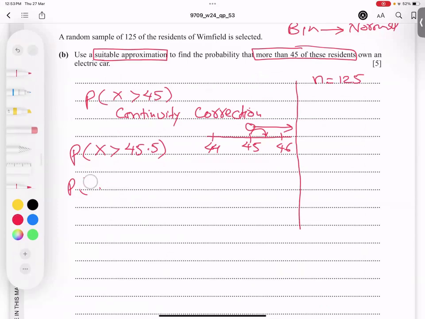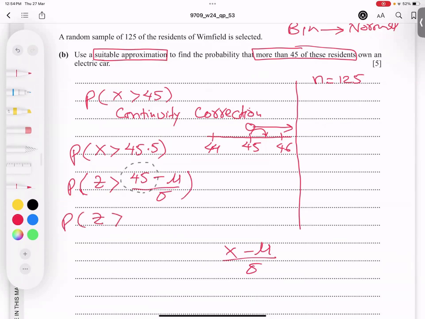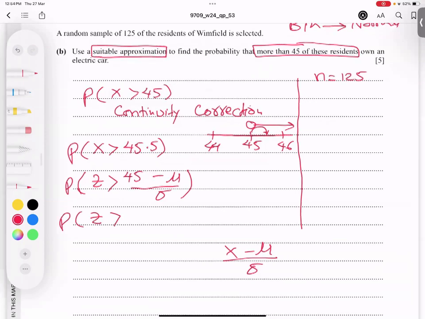So I write Z is more than 45.5 minus the mean, divided by the deviation. That is the formula: X minus mean by deviation. Do we have the mean and deviation? No, so we will find them first.